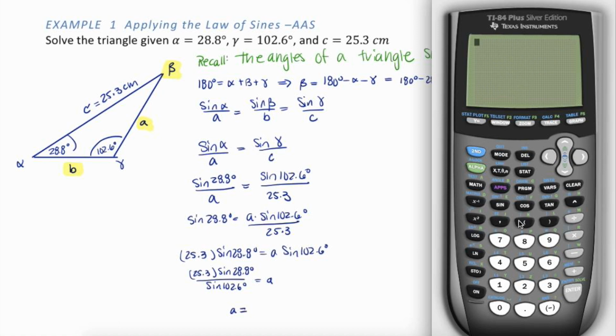Now that I'm in degree mode, I can compute 25.3 times the sine of 28.8, and this entire quantity is divided by the sine of 102.6 degrees. That gives me A equals about 12.5 centimeters.